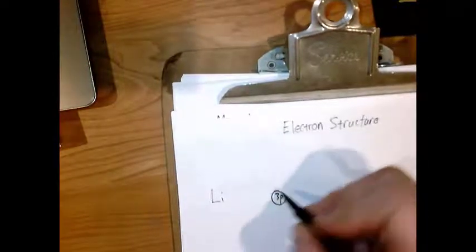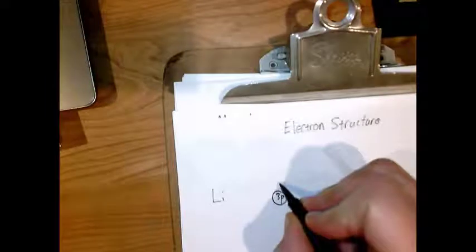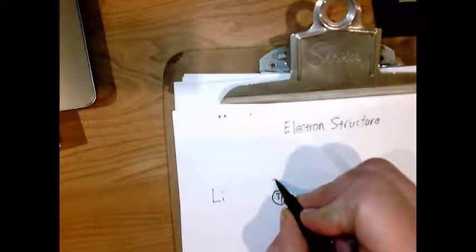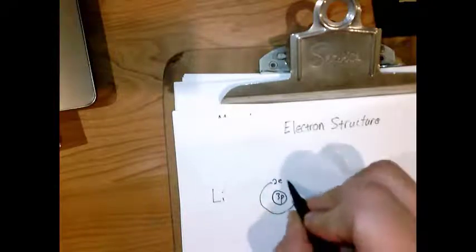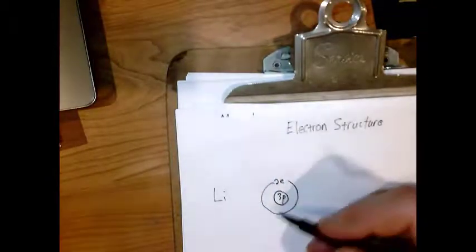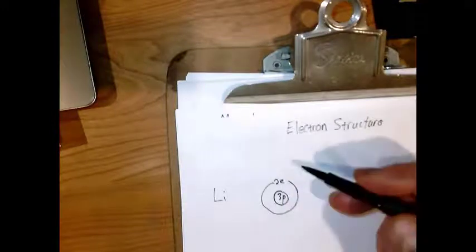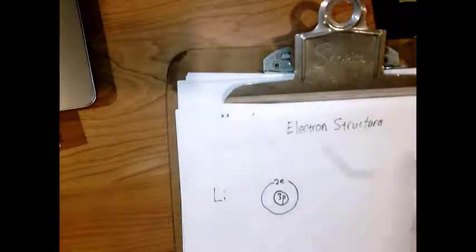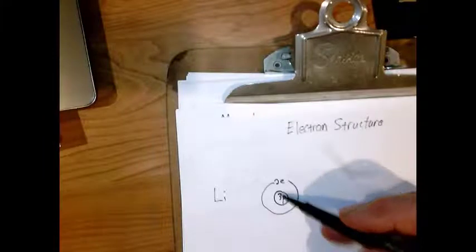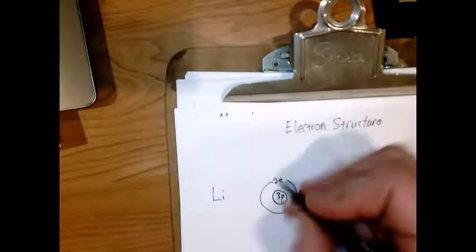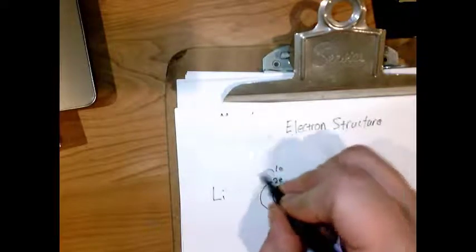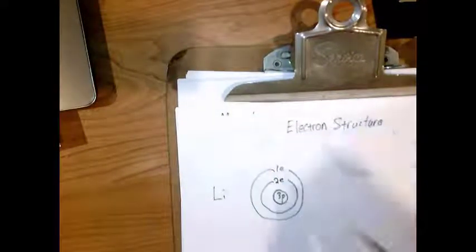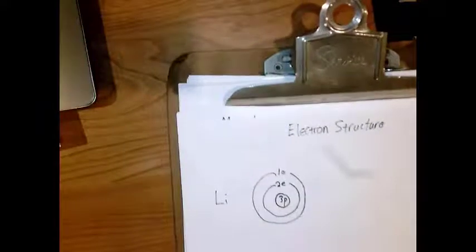And remember, our first shell can hold 2 electrons maximum. So it's going to hold 2e. And then our next shell can hold 8 electrons, but we're only doing 3 total. So I have 1 left over. So I would put that in my outer shell here. It's not filled, and that's a problem that we'll figure out later.